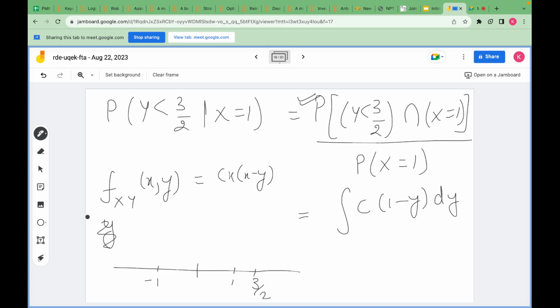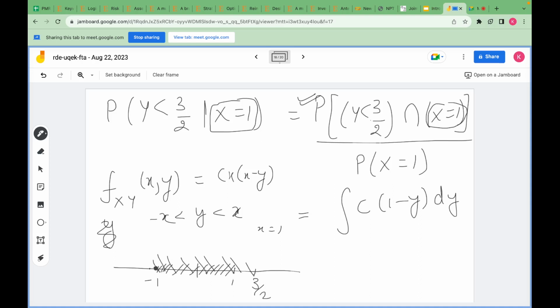We know that y varies from minus x to x. x is equal to 1, so therefore y varies from minus 1 to 1 according to this x equal to 1. But there is another condition that y should be less than 3 by 2. So this will give us this portion.